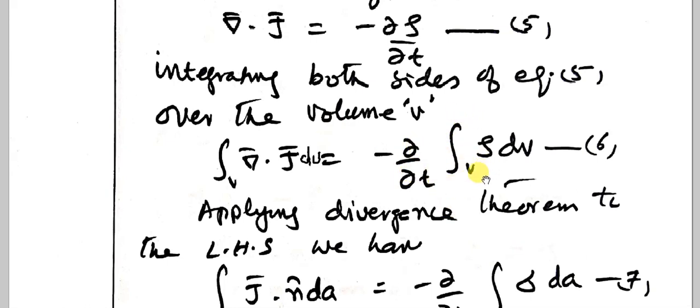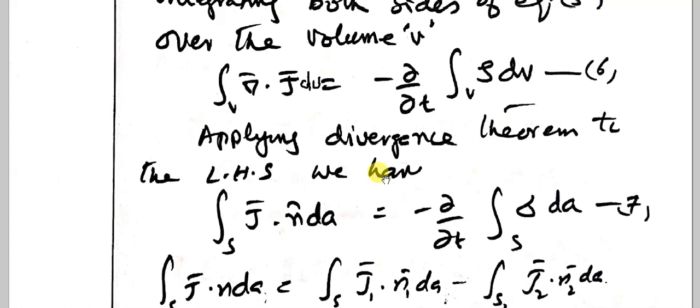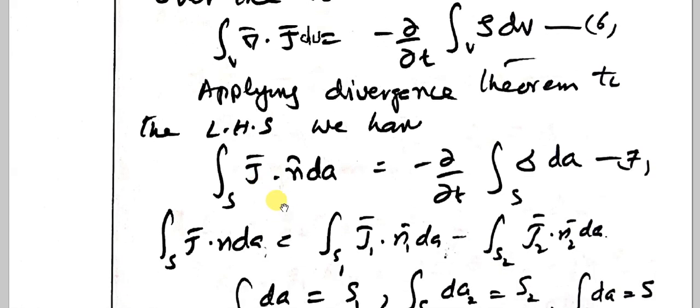Applying the divergence theorem to the left hand side, we get the integral of J dot n dA is equal to the negative rate of change with respect to time of the integral of sigma dA.